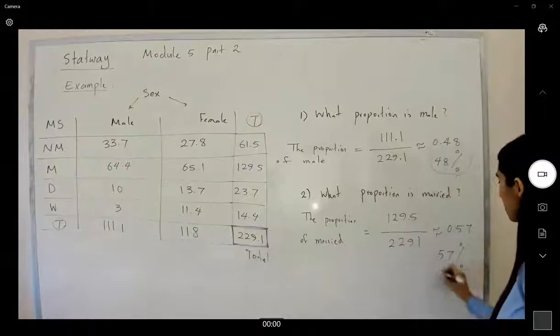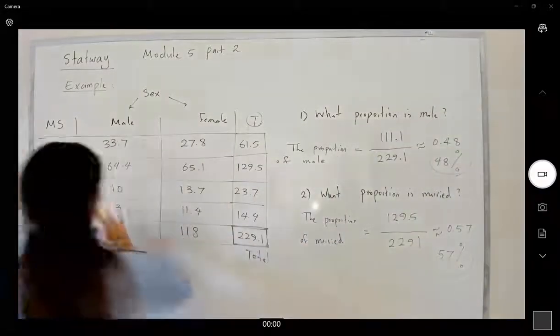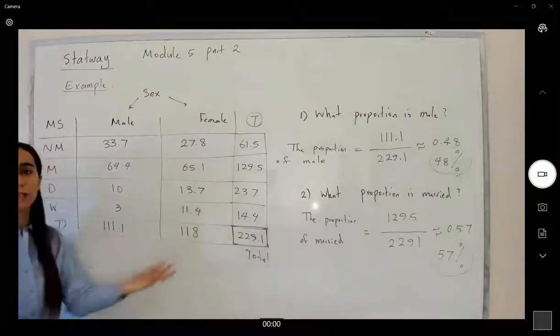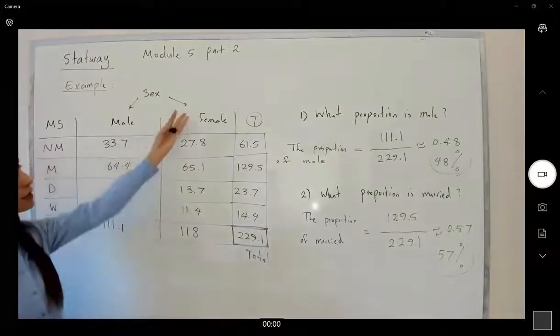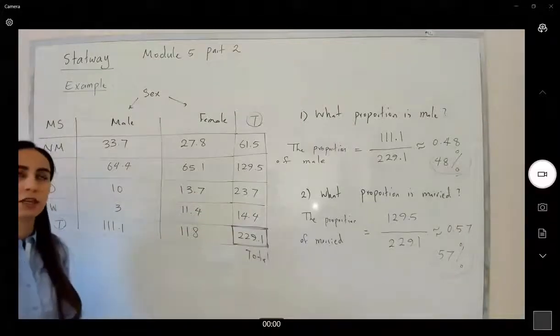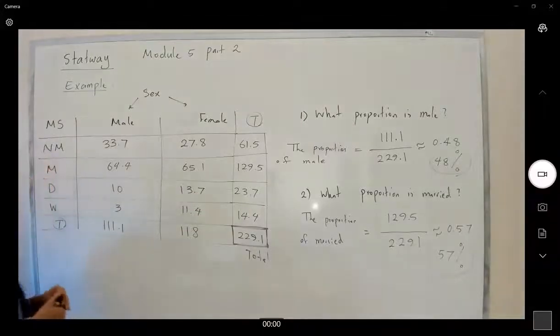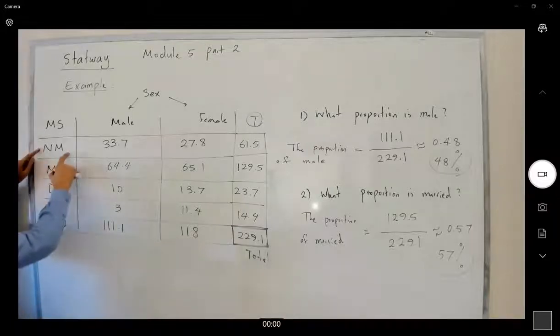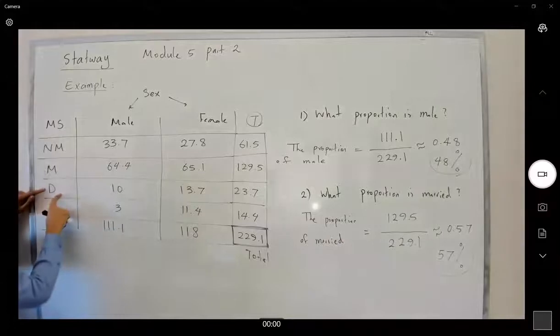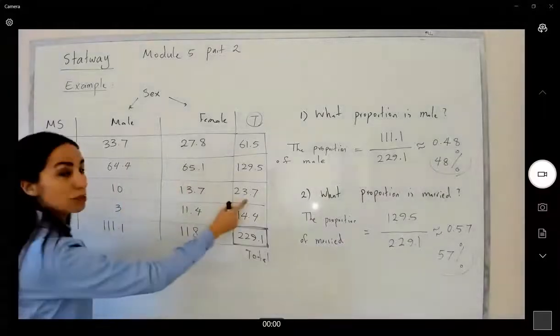So this is the information that we derive by looking at different categories. We can answer these questions as well. What is the proportion of females in the United States? What is the proportion of never married adults in the United States? The proportion of divorced adults in the United States.